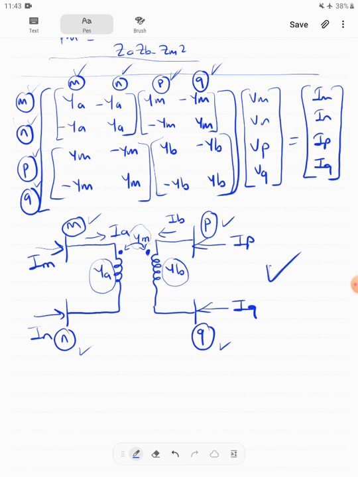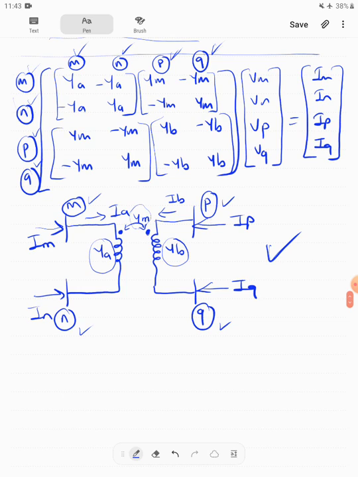Hence, M will be written before N. When we come here, this dot is near bus P, and hence P must be written before Q, so you always write PQ, PQ.